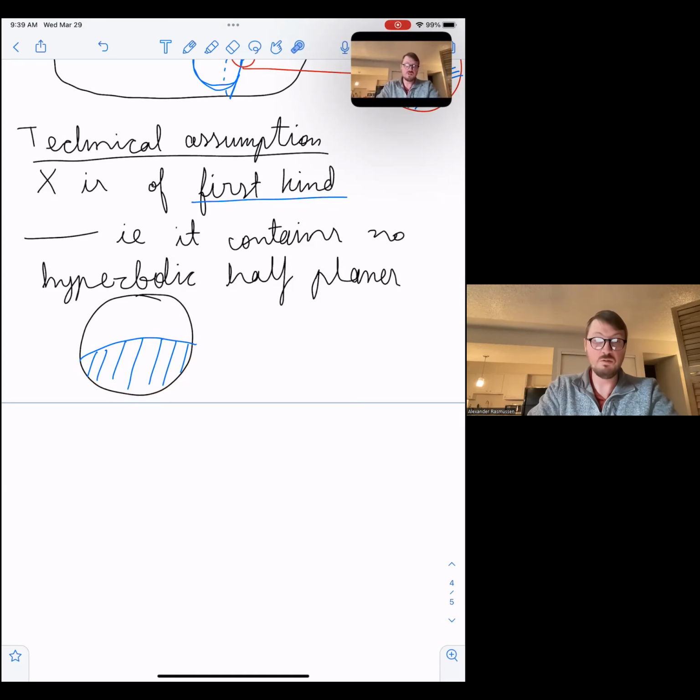The reason we want to assume this is that when the surface is not of the first kind, geodesic laminations can be pretty nasty. They can have interior, they can have splittings in multiple different ways as unions of geodesics. So they're pretty hard to work with.